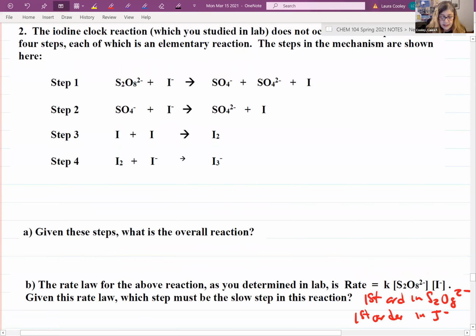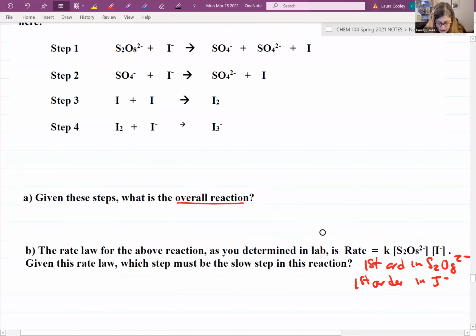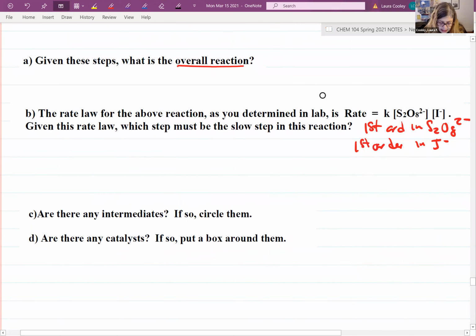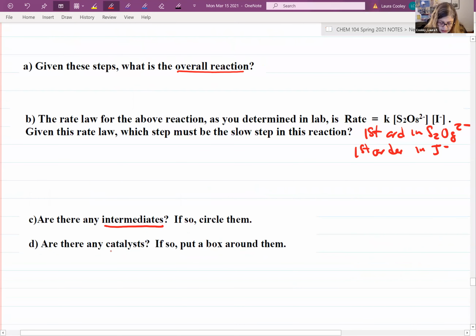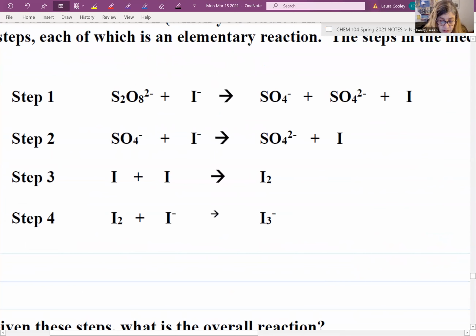But this is the mechanism. It is a 4-step mechanism. Okay, so we are going to add up these steps and see if we get the right overall reaction. But what's easiest to do first is to see if there are any intermediates or catalysts. So there's a lot of stuff going on. I'm going to make it bigger because these negative signs are a little hard to see. So this has a negative, negative. These do not.